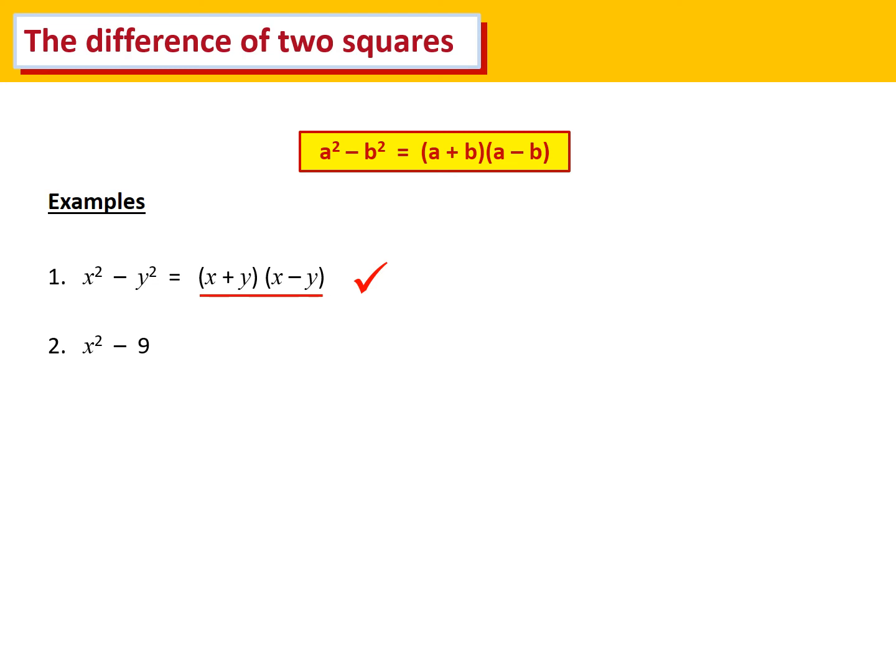It has to be the difference of two squares. So we can write it as x squared subtract 3 squared, because 3 squared is 9. Now our expression is of the form something squared subtract something else squared, so we can now write this expression as (x plus 3)(x minus 3).